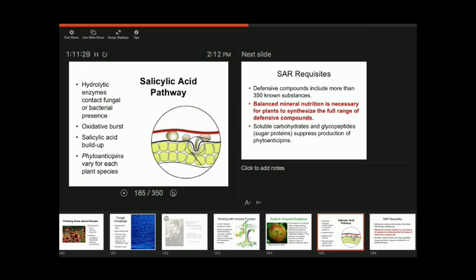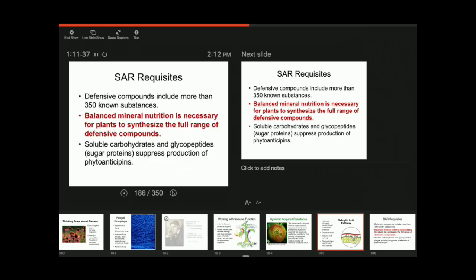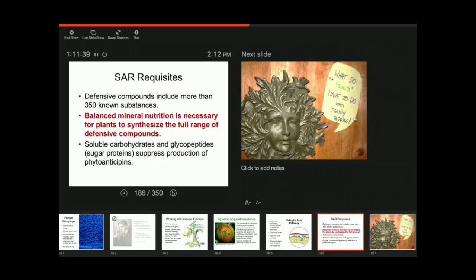Again, it's about stimulating this response. This is what plants do naturally. And the end result are resistance metabolites known as phytoanticipins. Now, the takeaway here is it requires balanced mineral nutrition, we're back on mineralization, to achieve the wide range of phytochemical response that's possible through this pathway.